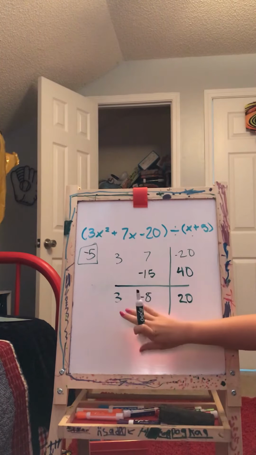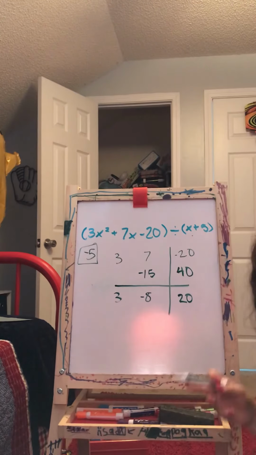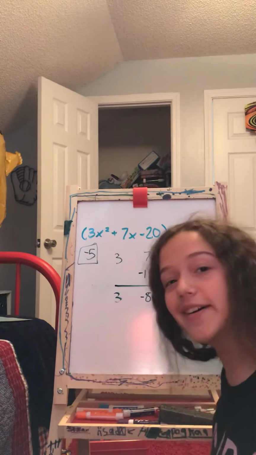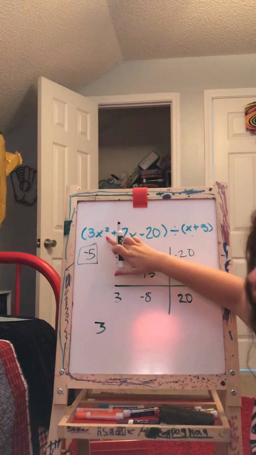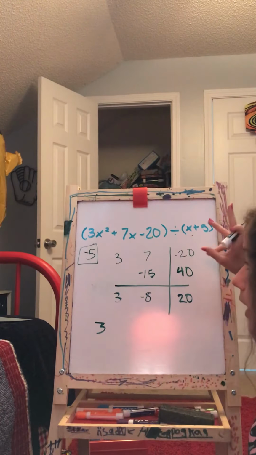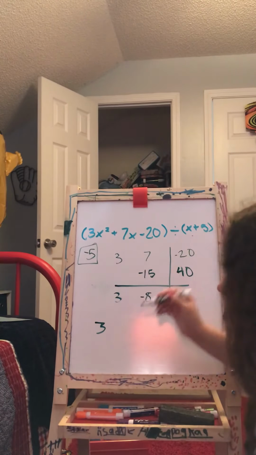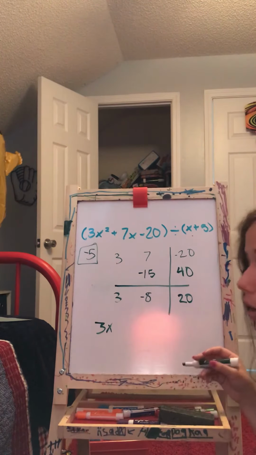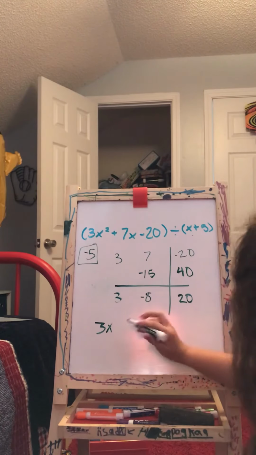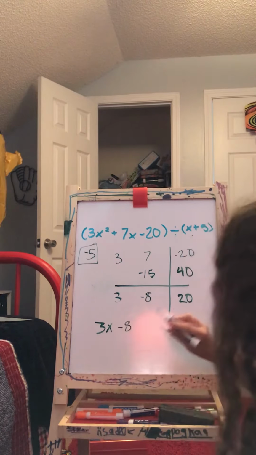This is going to have one less than this always does, if that makes sense. I don't really know how to explain that, but you're going to take this down, and since this one has an x squared, it's just going to have an x this time because you're taking one little thing away. And then you have negative 8, so this has an x.